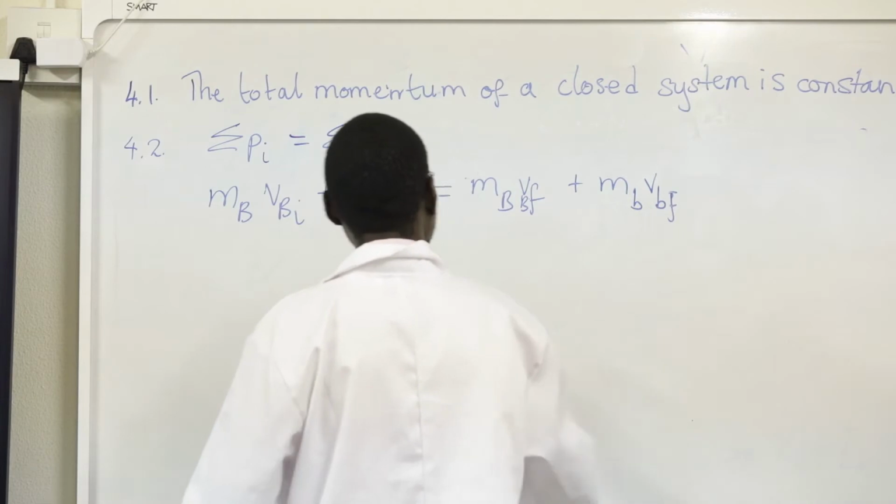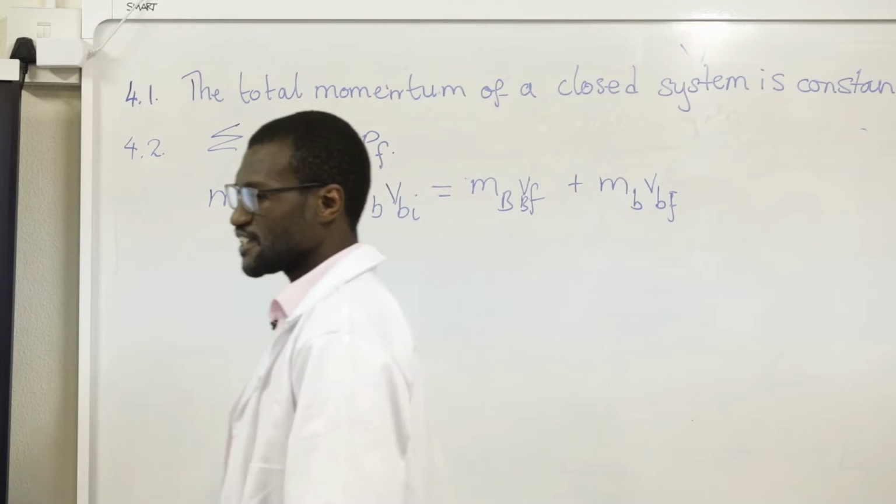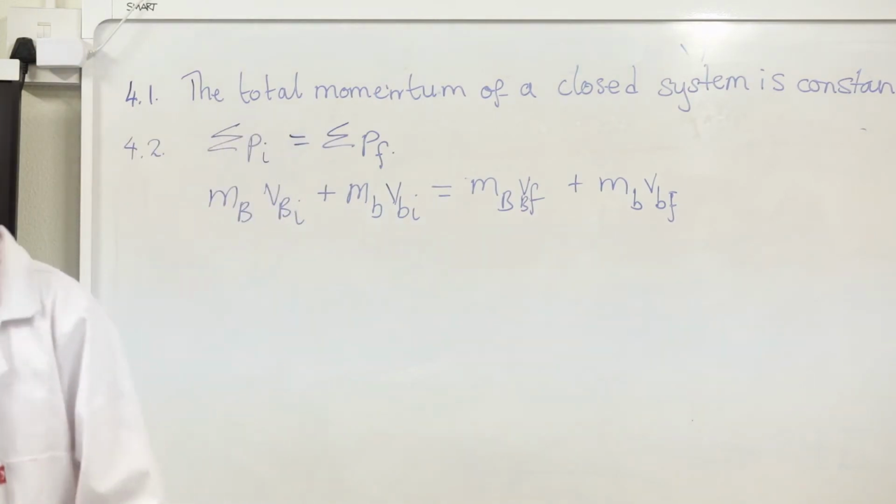They are all B's, it can get confusing. Big B is for the bullet, and small b is for the block.